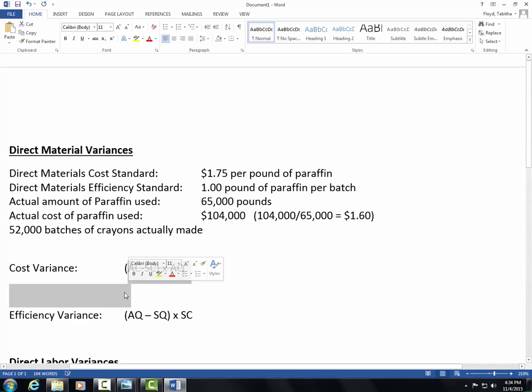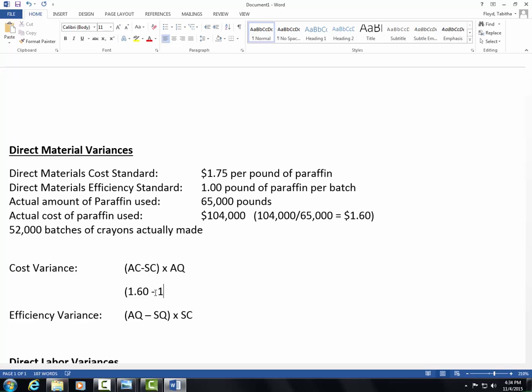So that's our actual cost, $1.60 per pound. Our standard cost, what we expected under normal circumstances to pay, was $1.75 a pound. So we paid less than what we thought we would.